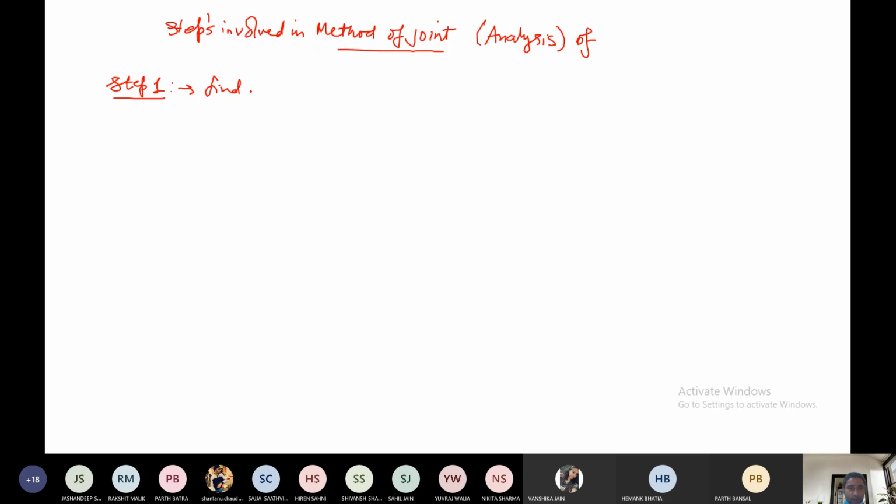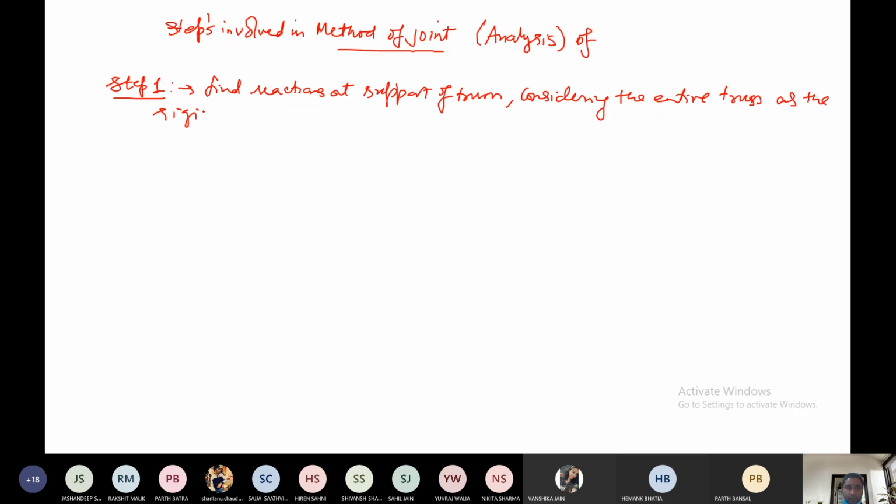So I am writing here: find the reactions at the support of the truss, considering the entire truss as a rigid body, and then applying equations of statics. Okay, this is step number 1.